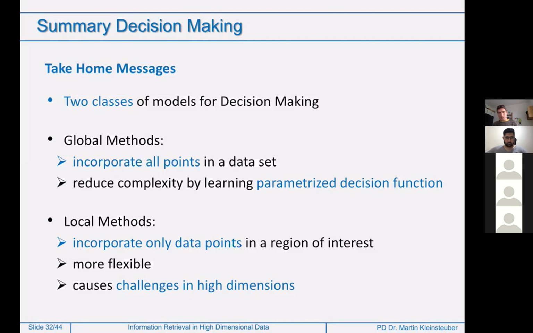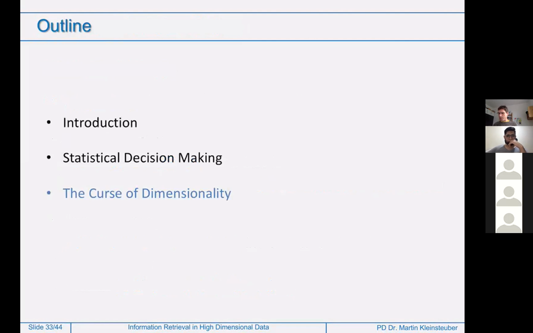Local methods are more flexible because we do not have to restrict ourselves to a certain function class. That's the advantage here, but it also causes challenges in high dimensions. And now let's look at these challenges in this curse of dimensionality problem.